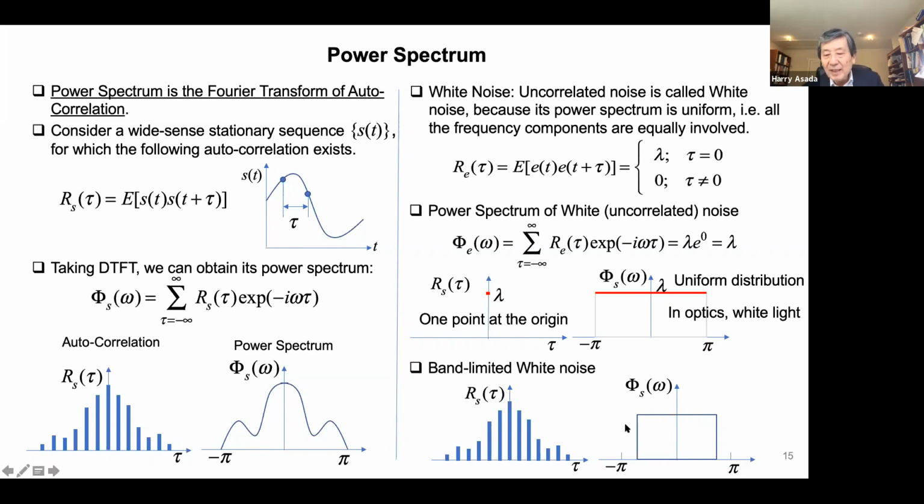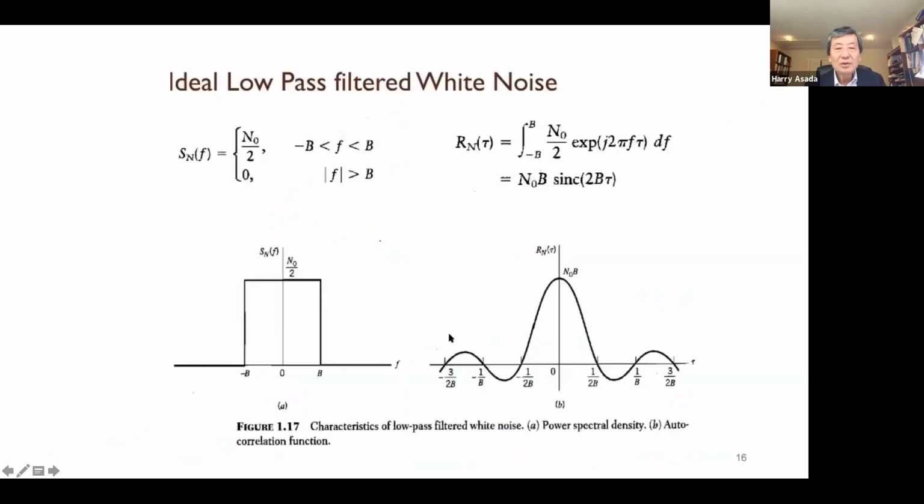So it's not spanning minus pi to pi, but limited to some bandwidth. Though this is expressed in a slightly different scale, it's basically the same in nature. So the bandwidth is not spanning the whole area, but from minus b to plus b. The corresponding autocorrelation is something like this. It's a unique shape. It's a sinc function.